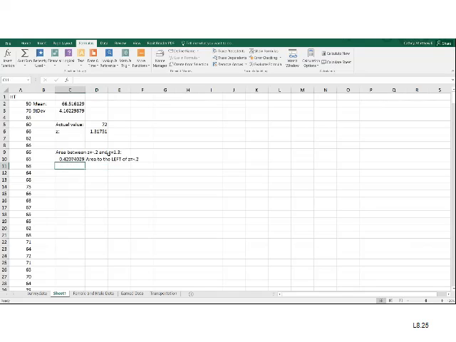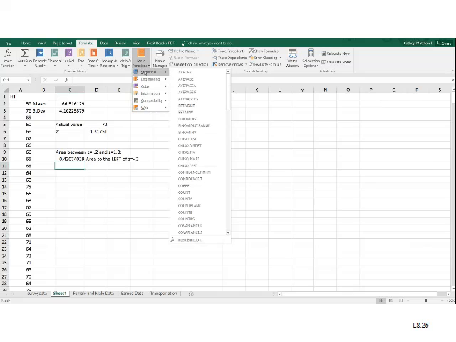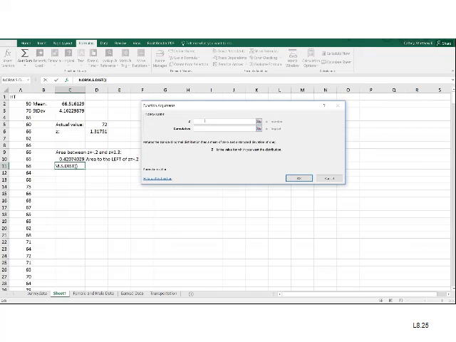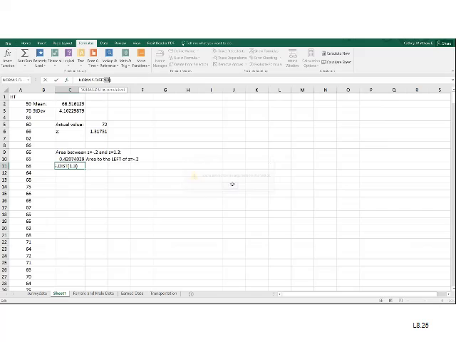So now let's find the area to the left of 1.3 using the same procedure we used a moment ago. Let's go down to norm distribution with the S in it. I'll use a z value of 1.3. Whoops, I hit enter too quickly. Let me delete that. Do it again. I forgot to enter TRUE.